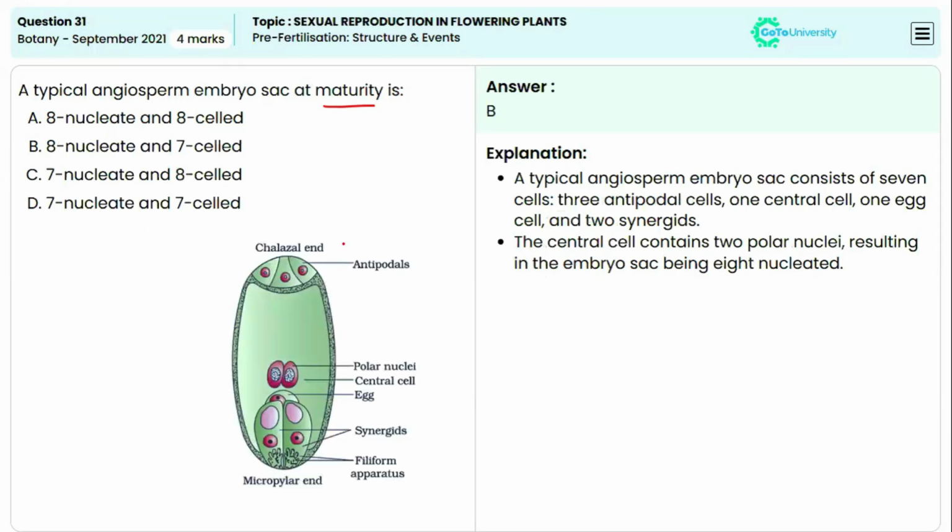A typical angiosperm embryo sac consists of seven cells, that is the three antipodal cells, one central cell, and so on. So the central cell has two polar nuclei, resulting in the embryo sac being eight nucleated. So the answer is option B, eight nucleate and seven celled.